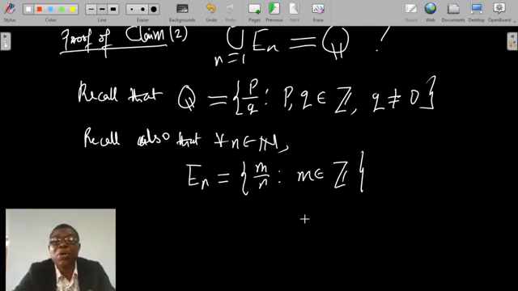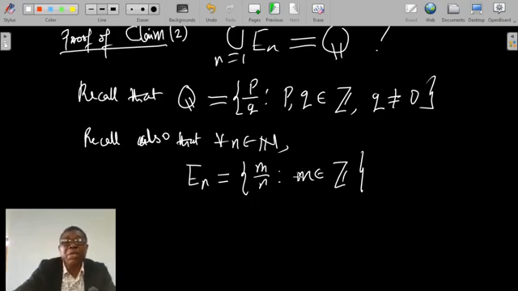Because we know that the set of natural numbers is a subset of Z, meaning that this n is an integer. And since n is coming from the set of natural numbers, n is not equal to 0. m is an integer. So this is a quotient of this form.